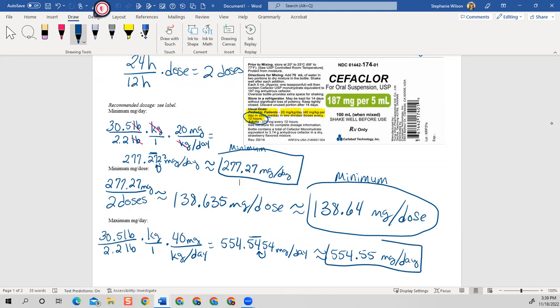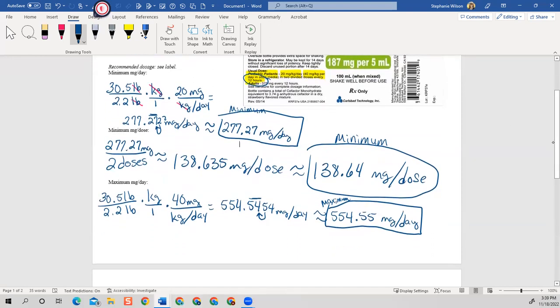Let's find the maximum per dose. We know that in one day we're going to have 2 doses. So I take 554.55 milligrams, and in the place of day, I put 2 doses. 554.55 divided by 2 gives me 277.275 milligrams per dose.